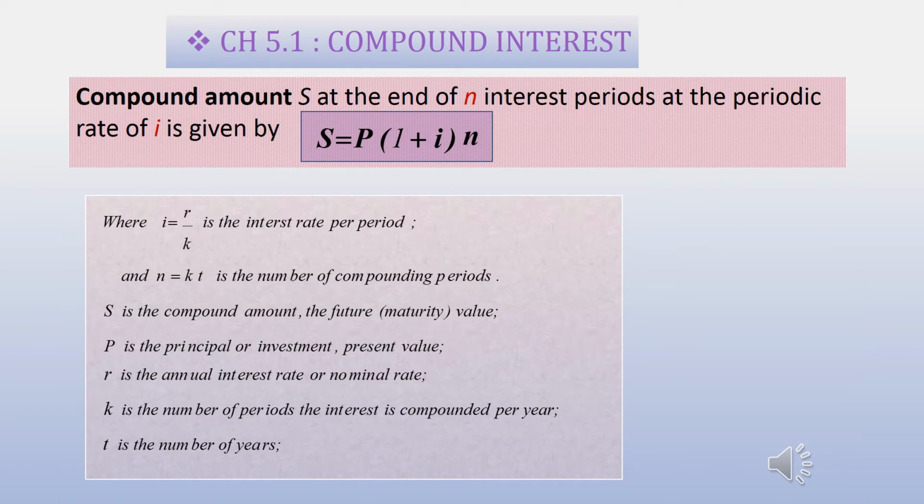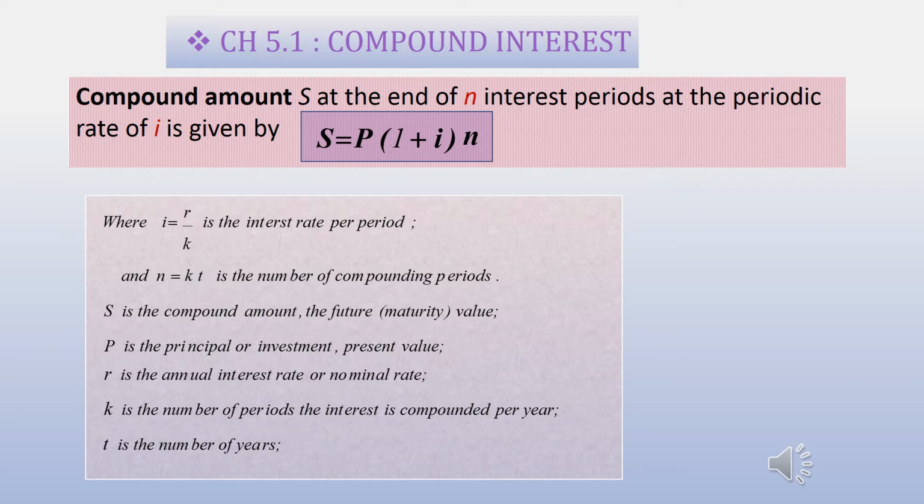Now, with the interest rate per period equal to I and the number of compounding periods equal to N, the formula of the compound amount S at the end of N interest periods at the periodic rate of I is given by S equal to P multiplied with (1 plus I) to the power N.